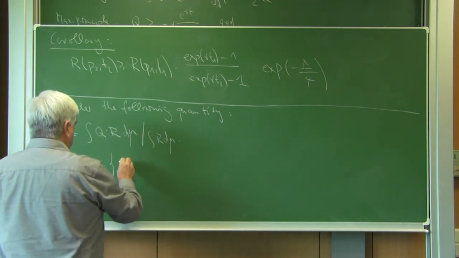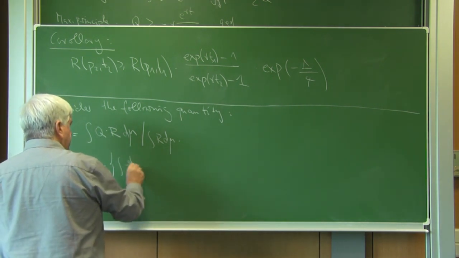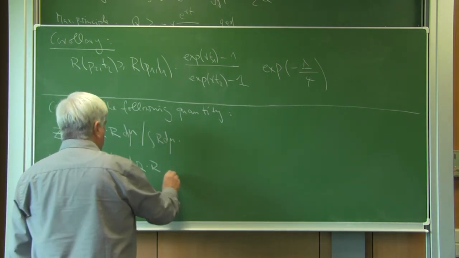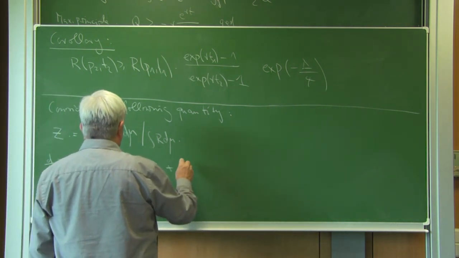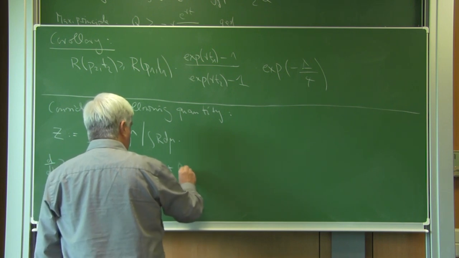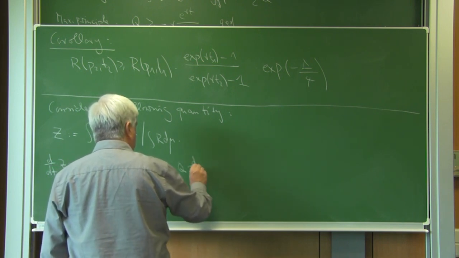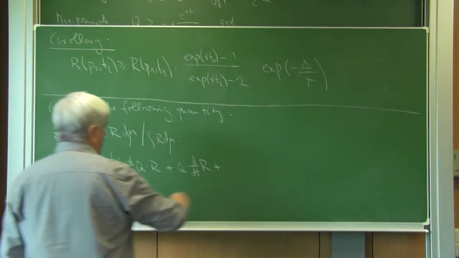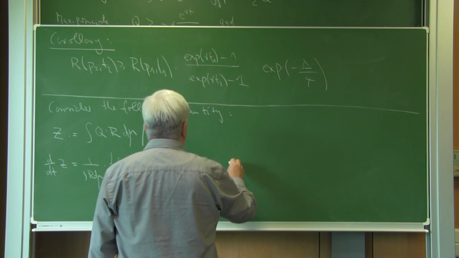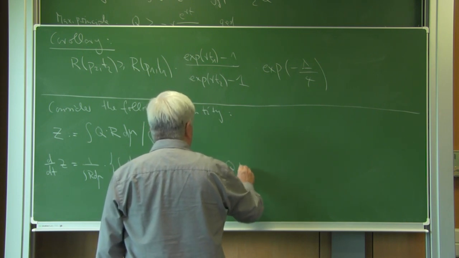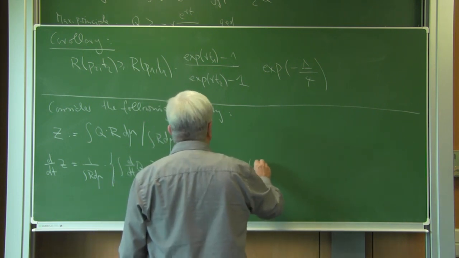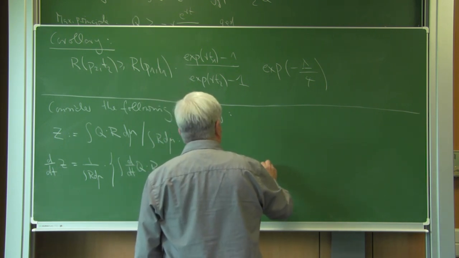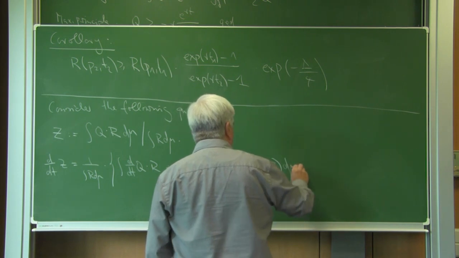So we get the integral of ddt q times r, plus ddt r times q, and then from the measure, we get q times r times, the change of the measure, which is little r minus capital R.